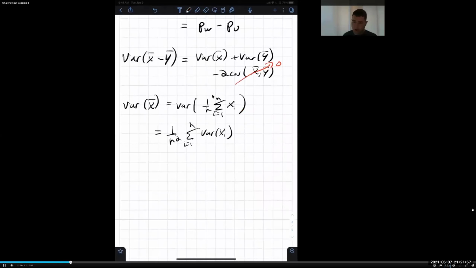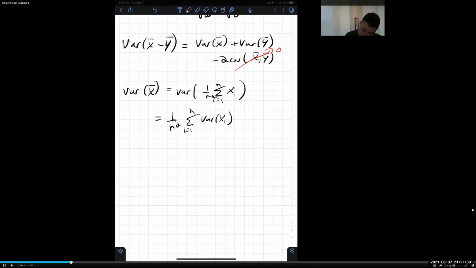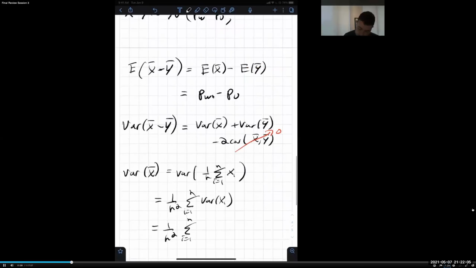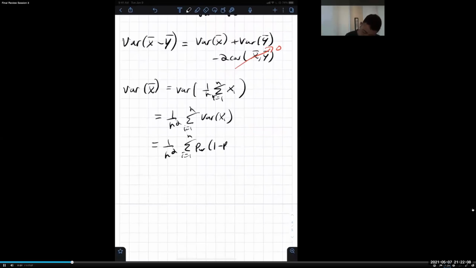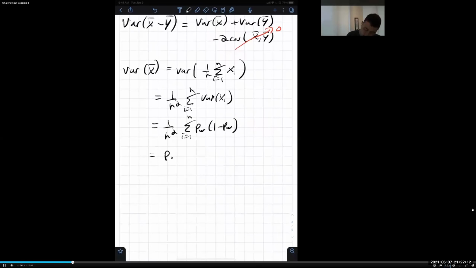Because they are Bernoulli data, these variances are simply p times 1 minus p. So the xi's each have pw times 1 minus pw, and this just becomes pw times 1 minus pw over n. Are there any questions about this calculation?